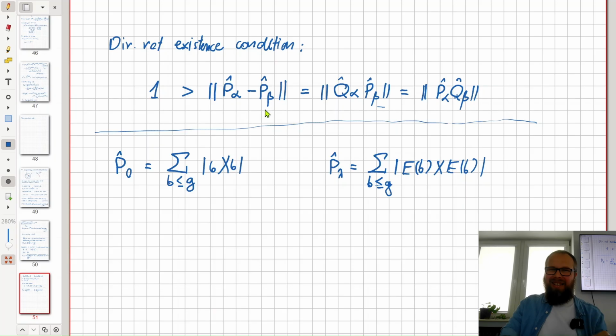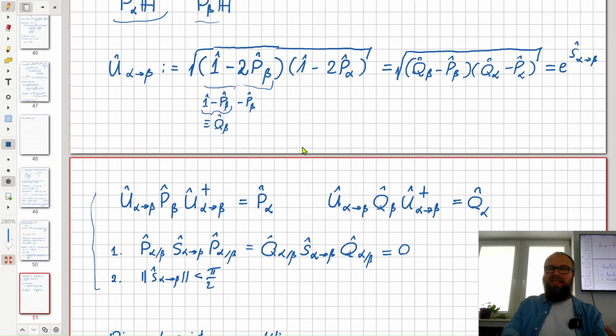So we are getting closer to fulfilling the condition for the direct rotation to exist. We will have to check that the norm of the difference is less than 1 to know that a direct rotation exists. Once we check that, we can take our Schrieffer-Wolff transformation as this direct rotation.